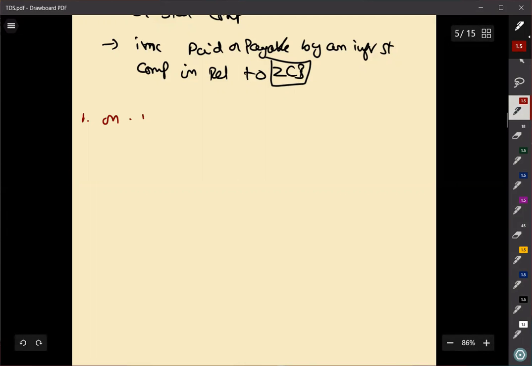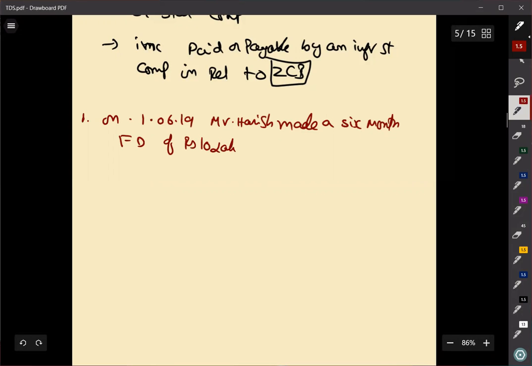On 1st June 2019, Mr. Harish made a 6 months fixed deposit, FD of rupees 10 lakhs, at the rate of 9% per annum, with a bank, whether it is a cooperative bank or scheduled bank, we are not bothered.